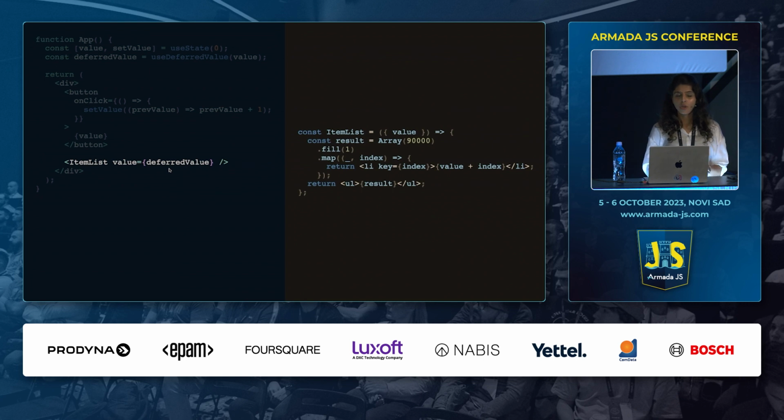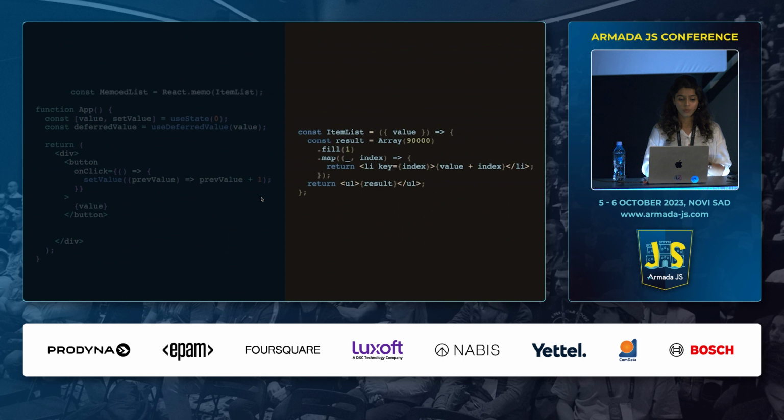But still, this will not solve the problem, because even if the deferred value is not getting updated instantly, the item list component will still get re-rendered with the same value. So how we can improve this is useMemo. Using React.memo, we can make sure that this component re-renders only when the props are changed. So now we did two things, right?